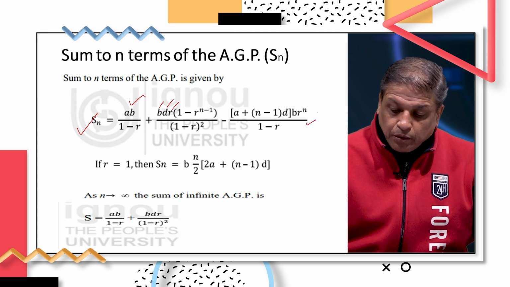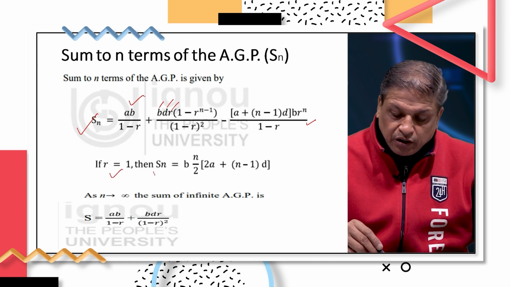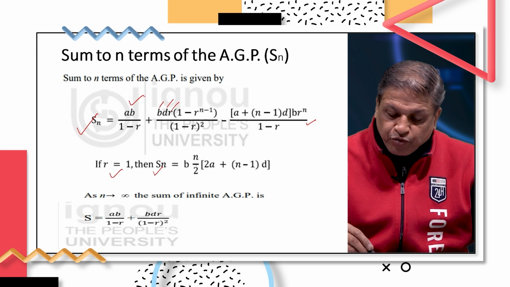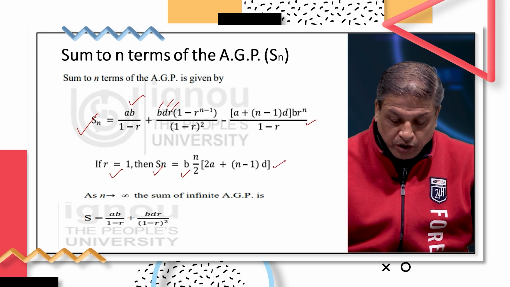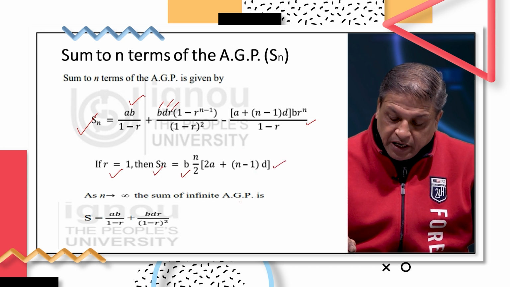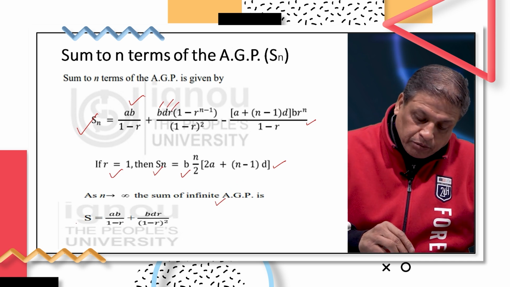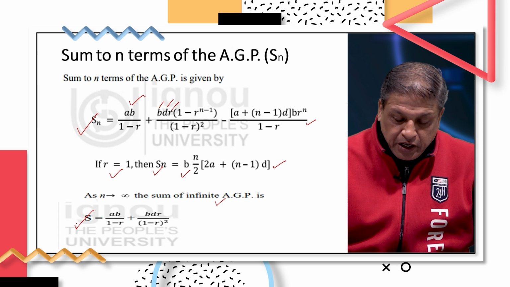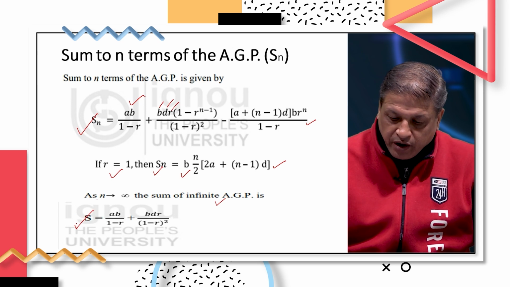The formula will be modified if R is equal to 1. Then the sum of n terms of the arithmetic geometric progression is reduced to Bn by 2 multiplied by 2A plus n minus 1 into D. And if the number of terms tends to infinity, then the overall formula for the sum of infinite terms will be reduced to AB upon 1 minus R plus BDR upon 1 minus R square.